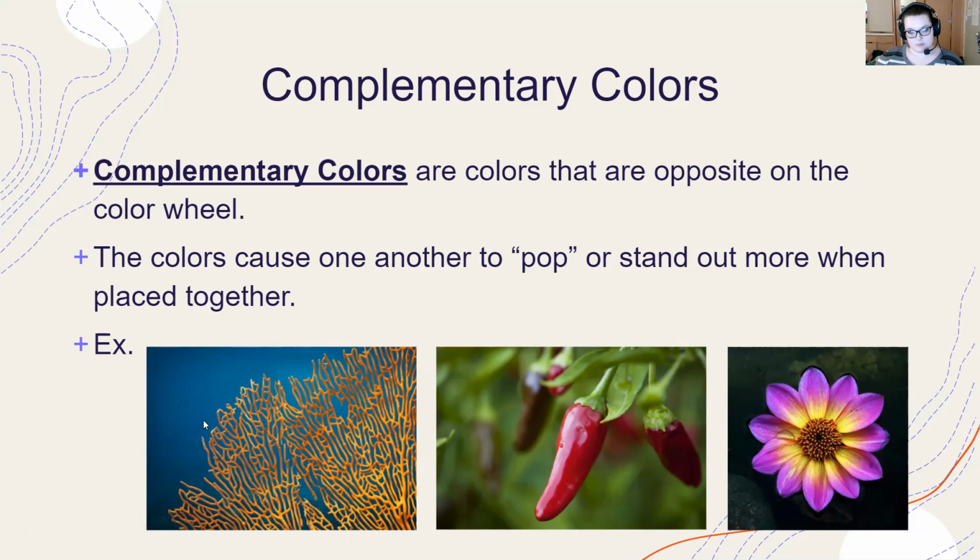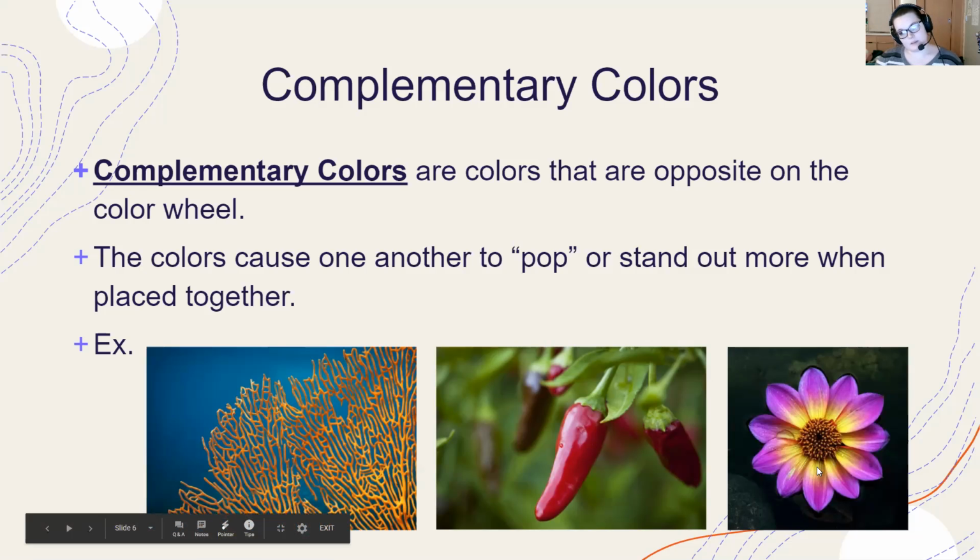The coolness of the blue makes the warmness of the orange really bright and stand out a lot. The same with the red and the green. And then look at the flower with the yellow in the middle and the purple.